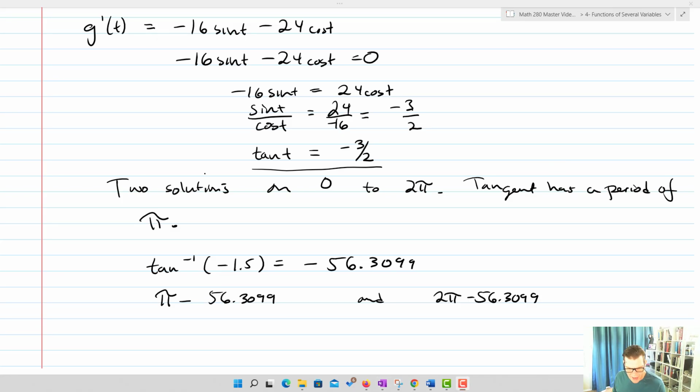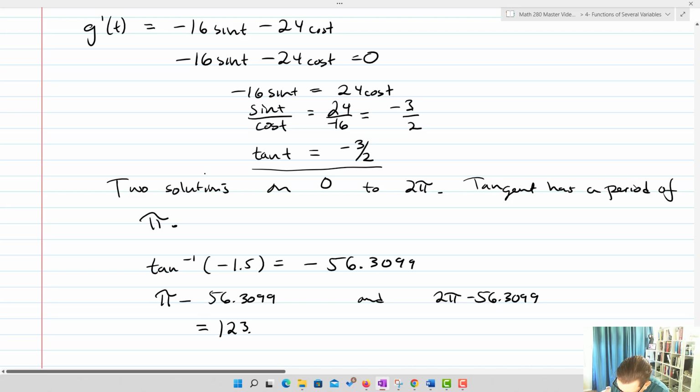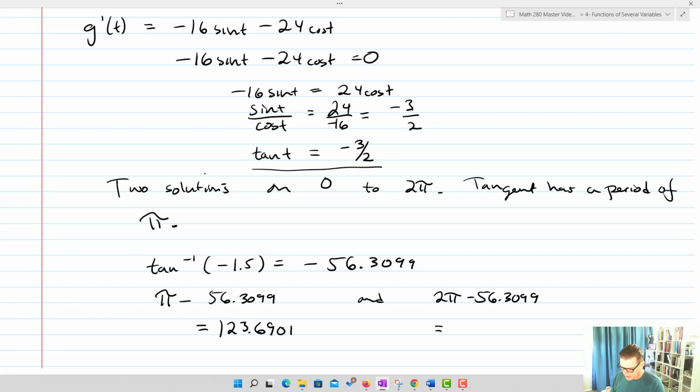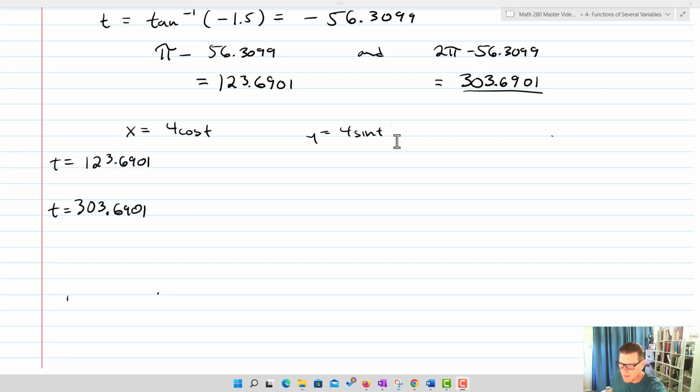When we do that, what we get is this first one is going to end up being basically 123.6901, and our second value that we'll get here is going to end up being 303.6901.